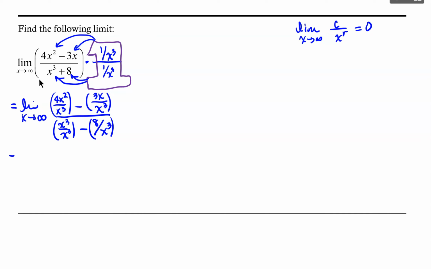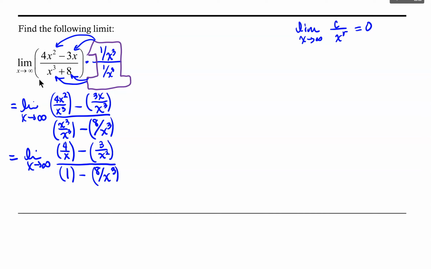Now we want to simplify what we've created here. So we'll have the limit as x approaches infinity. My 4x squared over x cubed simplifies to 4 over x, minus, we've got 3x over x cubed, that will simplify to 3 over x squared, all over, now my x cubed over x cubed, that's going to simplify to 1, and then we have minus 8 over x cubed.